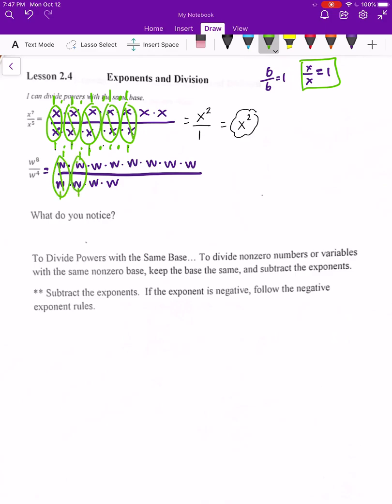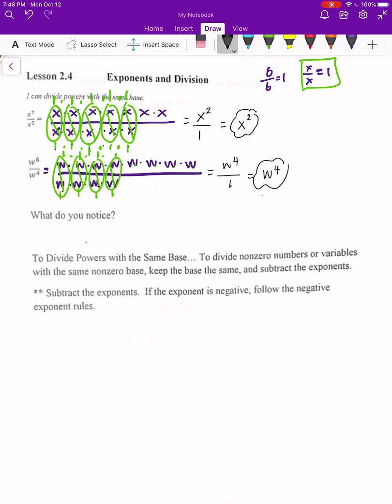Cancel, a 1 and a 1. Cancel, a 1 and a 1. Cancel, a 1 and a 1. So I have 1 times 1 times 1 times 1 times w times w times w times w, and that would equal w to the 4th over 1 times 1 times 1 times 1, and that's all that's there, over 1. And w to the 4th over 1 is equal to w to the 4th.